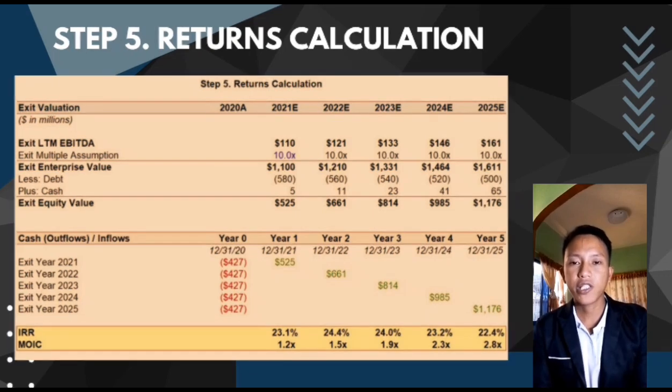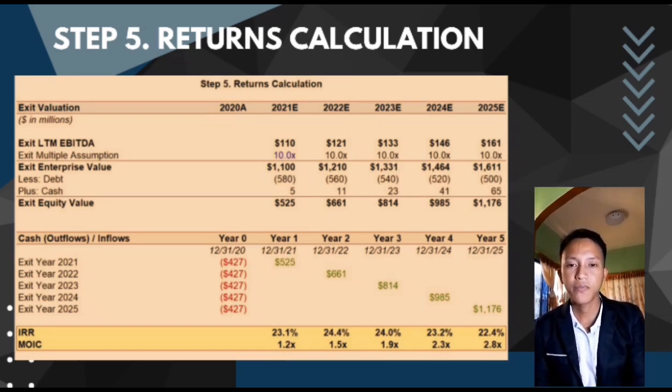Step 5, returns calculation. Now that we have projected the financials and the net debt balance for the 5-year holding period, we have the necessary inputs to calculate the implied exit value for each year. The first input will be the exit multiple assumption, which was stated as being the same as the entry multiple, 10x.